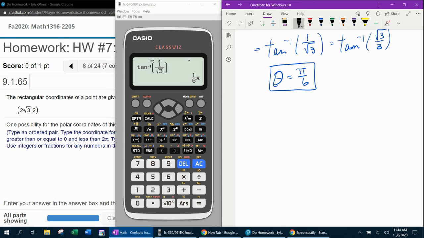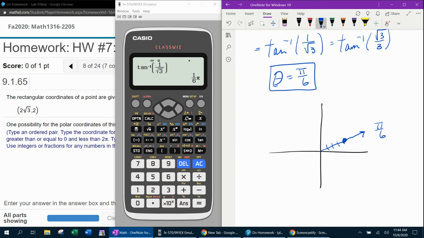And then if I could show you real quick how to check and make sure that you haven't screwed something up. Let's plot this polar point. Pi over 6 is a first quadrant angle, and our radius was positive. 1, 2, 3, 4.